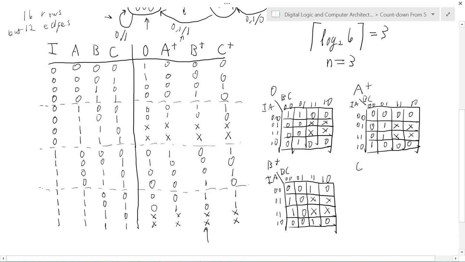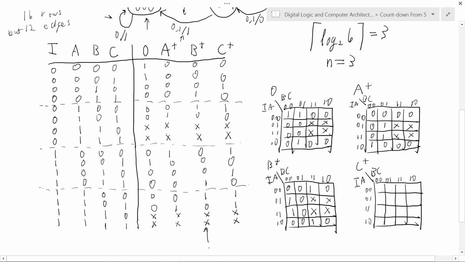Then we look at C plus, the next value of C. I, A, B, and C. Oops. Let's just go through 0, 0, 0, 1, 1, 1, 1, 0, 0, 0, 0, 1, 1, 1, 1, 0.